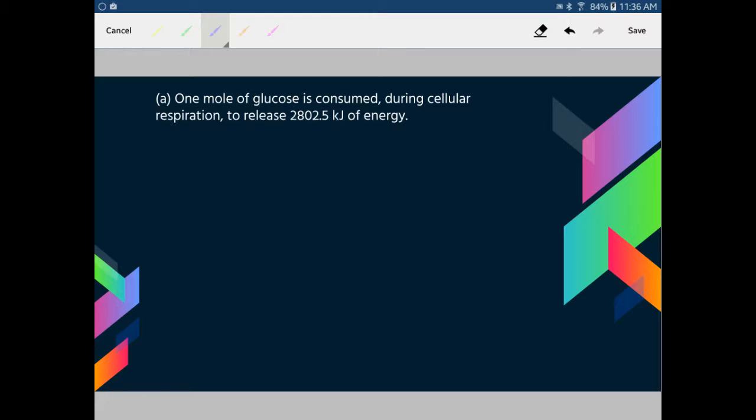So in method number 1, I'm going to try and break this down here. We have our standard molar enthalpy of cellular respiration of glucose. Because cellular respiration is an exothermic reaction, we essentially just write this down as the molar enthalpy of reaction is equal to negative, because it's exothermic.